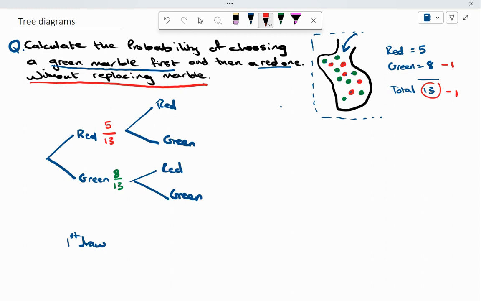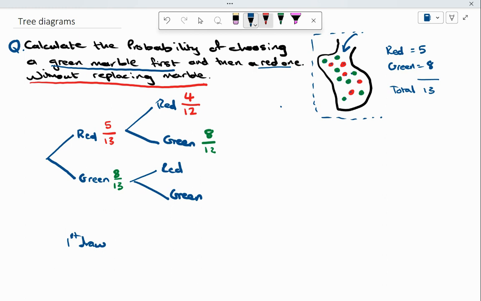If I remove one, it will remove 1 from the total of 13. So if I choose another red marble, I will have 12 marbles to choose from, and because I've chosen a red marble, I have only 4 left. With the green marbles, I will also have 12 to choose from because I've already chosen the red one, but because I have not chosen a green one yet, I still have the full amount of 8. With the green marble, you can see it stays unchanged, but with the red marble, it's reducing from 5 to 4. We're minusing 1.